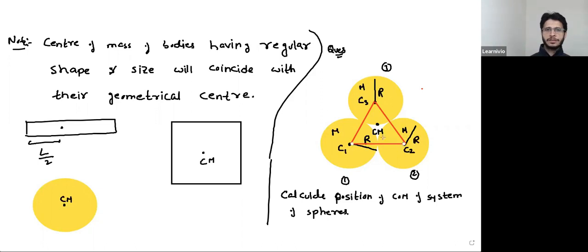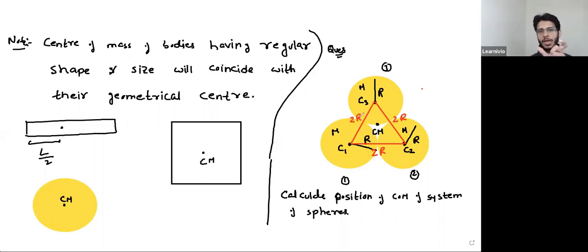This is like the first numerical on center of mass that we did. You replace each sphere by the center of mass. You have 3 points having the separation. Can you tell me the separation between C1 and C2? They're placed just back to back. 2R. Similarly, this is 2R. Similarly, this is 2R.